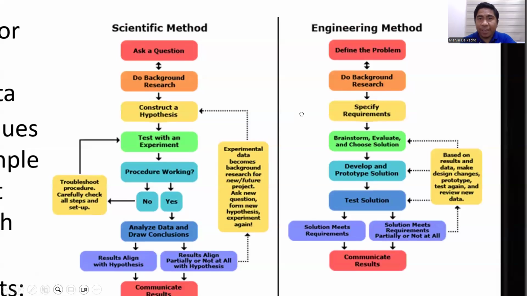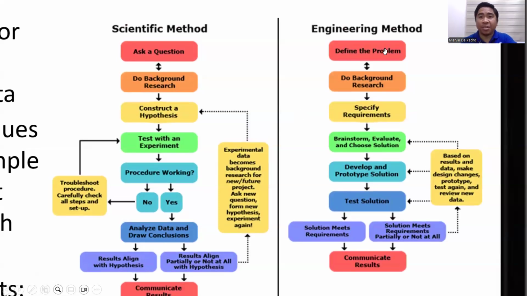On the other hand, we have the engineering design process or the engineering method, wherein we start by defining the problem first. So we have to understand the problem. We make sure we are trying to solve the right problem. So we define it well, and it can be helpful if we can do some background research, like the review of related literature.